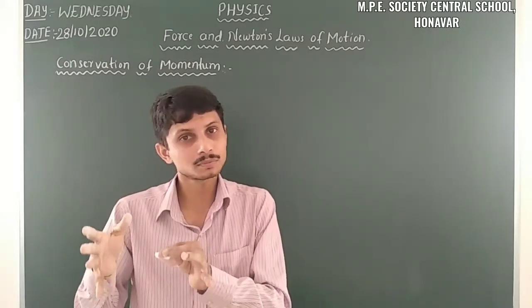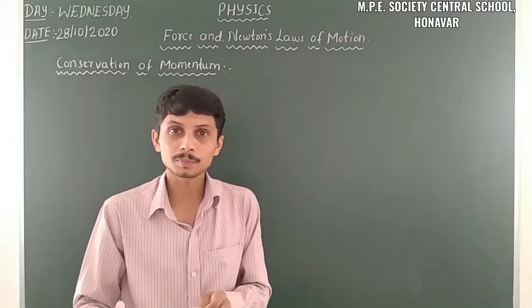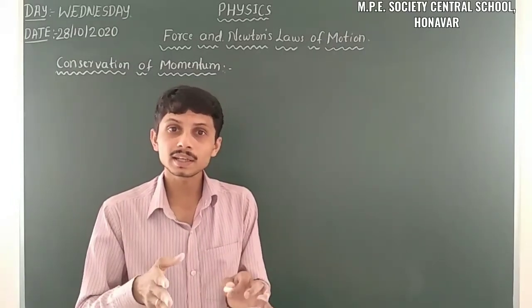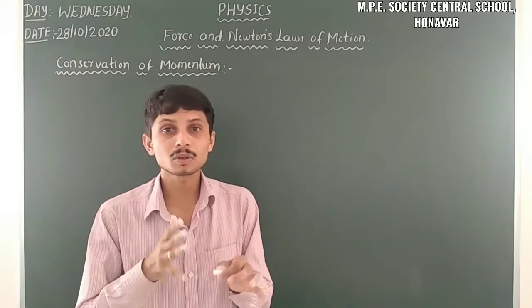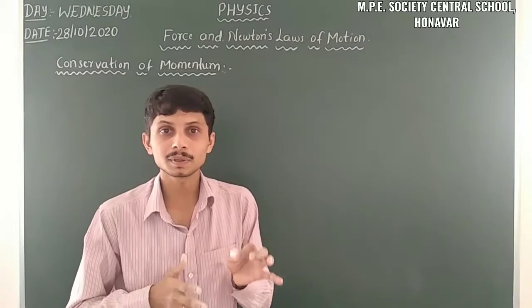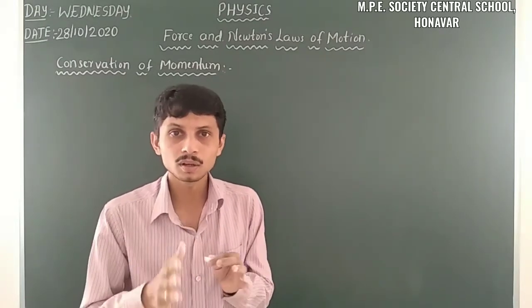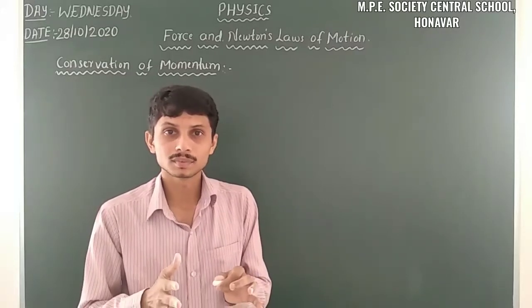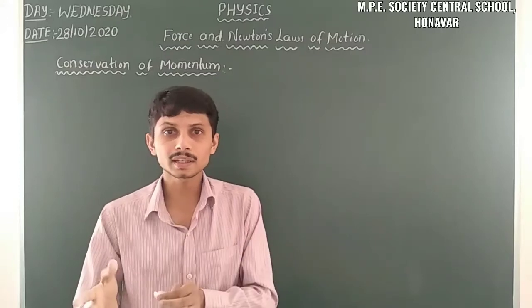After the collision, in that time both objects apply some amount of force. Their interaction takes place, and Newton's third law happens there. That means action and reaction are going on, and the forces are equal in magnitude and opposite in direction.